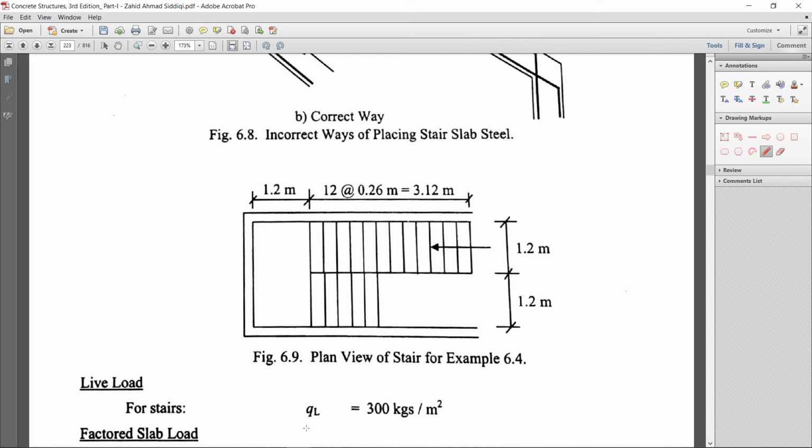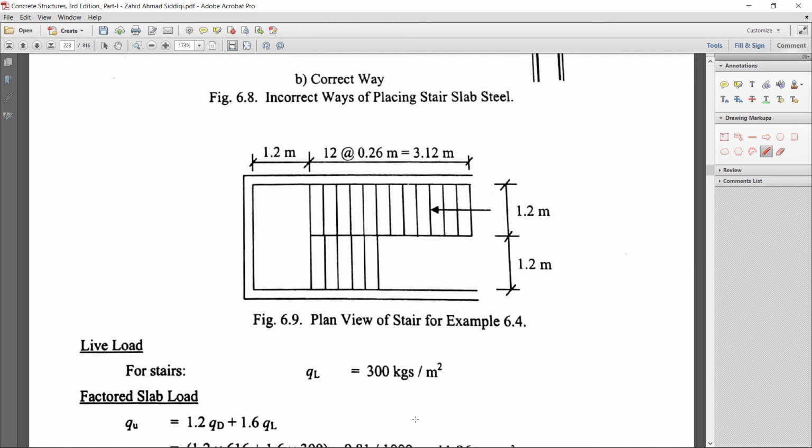For example, you can select this live load from ASCE 7, the American Society of Civil Engineers code, which has a 2 or 3 page table from where you can select the live load. So in this example the live load is 300 kg per meter square.